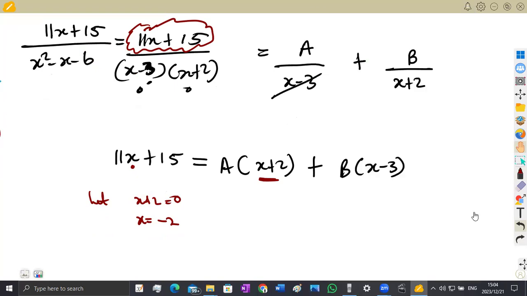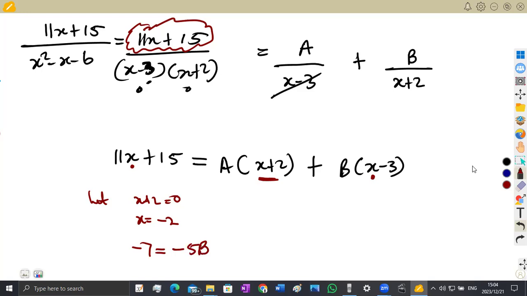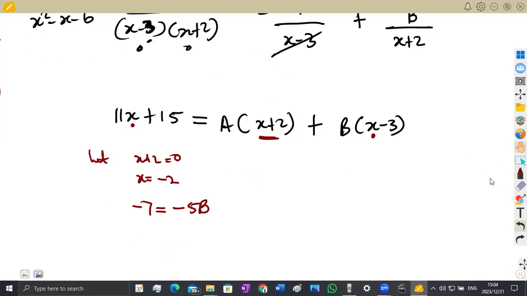So that's minus 7 on this side. Minus 7 is equal to, in place of x, minus 2, so minus 2 minus 3, that will be minus 5b. So dividing by negative 5, b is going to be a positive 7 over 5. With the same idea, we're going to let the bracket of x minus 3 be equal to 0.